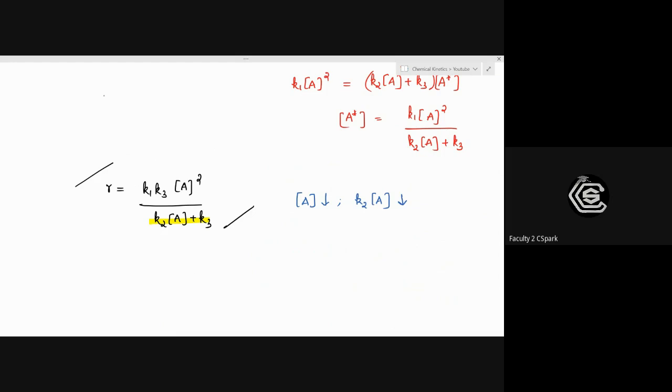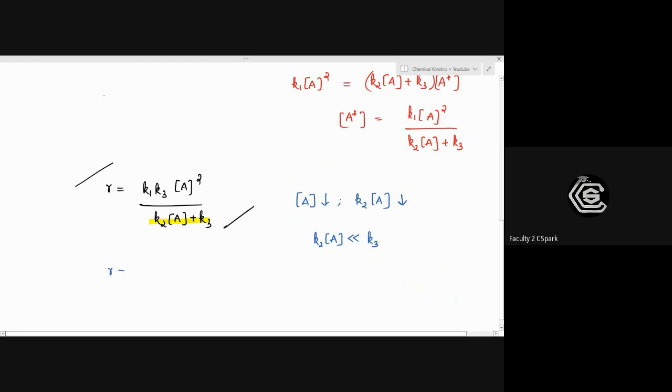If we compare these two terms, we can see that K2 concentration of A will be less than K3. Now if we apply these conditions here, from the denominator we keep only K3 and you can neglect K2A. Why? Because the value is very low.